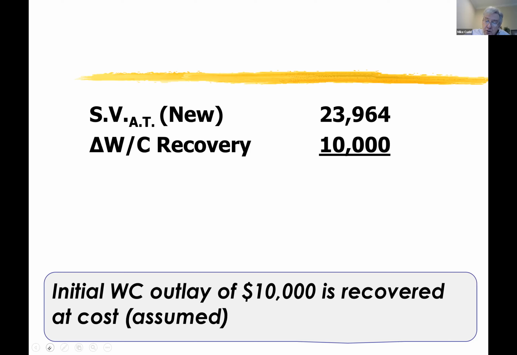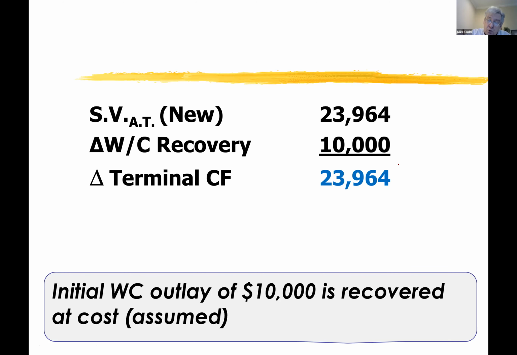Your author and I, for simplicity in all of our problems, assume whatever the working capital investment was at the start, it's recovered here at the end at cost. If you recall, in the initial investment at the start, we had a $10,000 outflow for working capital. So here at the end, when we recover it, we have a $10,000 inflow.